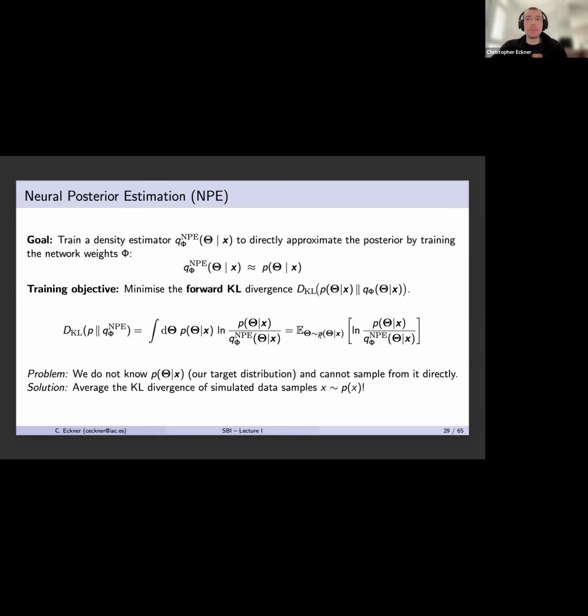Or, given here, the expectation value of this quotient of the two probability densities, averaged over the different realizations of our model. There's a problem. This is impossible to do because we simply don't know the posterior distribution. So there's no way we can actually sample from this posterior distribution. So this actually doesn't make any sense.